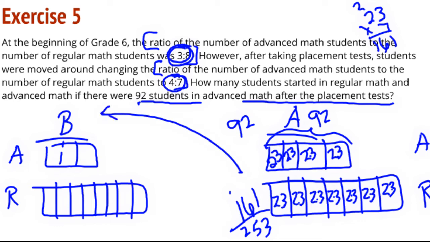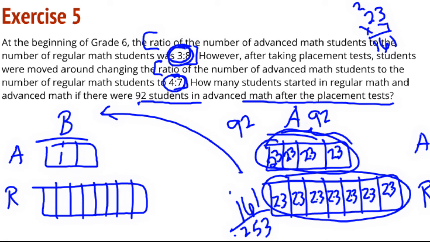But by now, most of you have probably figured out that the number of students isn't going to change between the before and after. There were 253 students after. There were 253 students before. And that means because the number of students hasn't changed, our units haven't changed because we've got 11 units on both sides. But I do like to point out to you that we can take the 253 and transfer it over to the before situation.